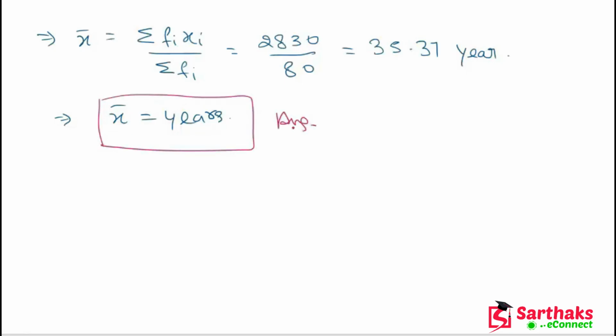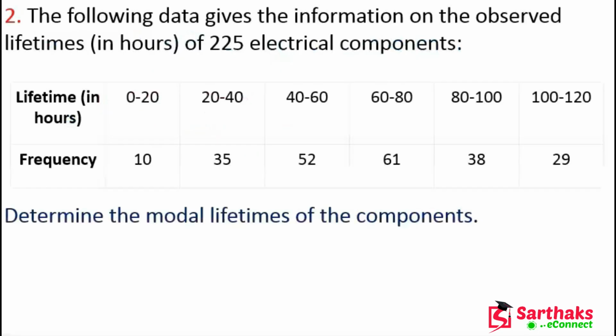This is the answer. So now let's move to the next question, which is: the following data gives the information on the observed lifetimes in hours of 225 electrical components. Here is the lifetimes, which is in hours, and this is the frequency, means the components.